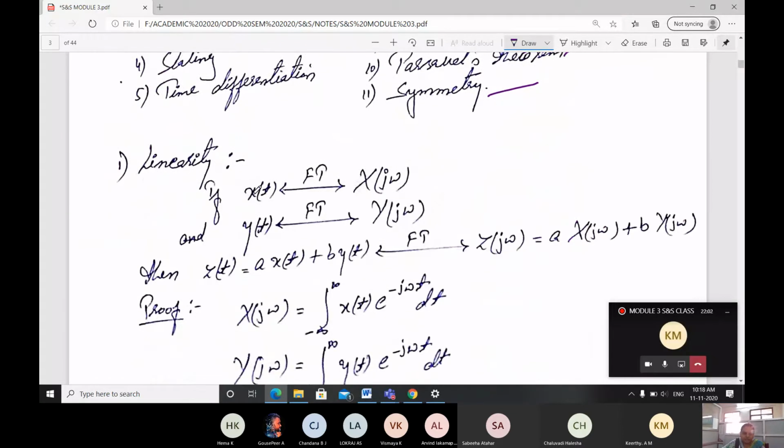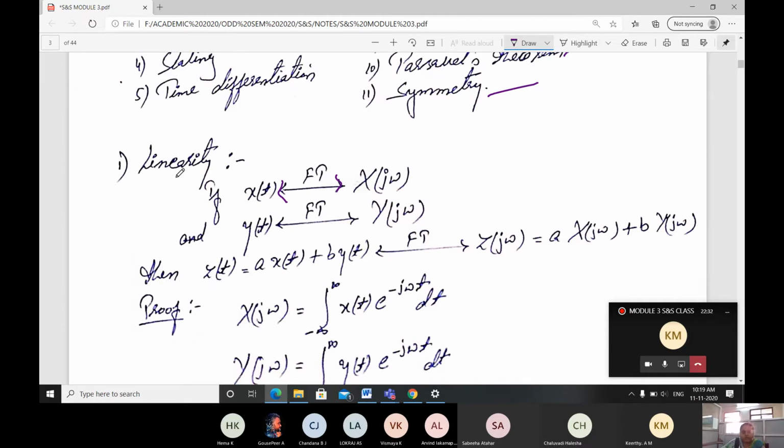If x of t has the Fourier transform X of j omega, and y of t has the Fourier transform, what will I get? Here it is small y, so after the Fourier transform you will get capital Y. It may be any variable; it's not that you have to take x and y, use the alphabets you prefer. Y of j omega.